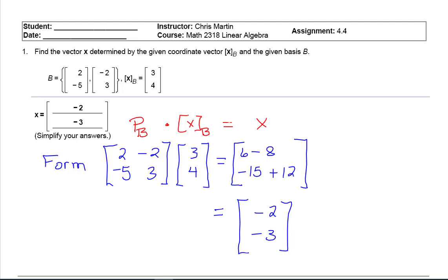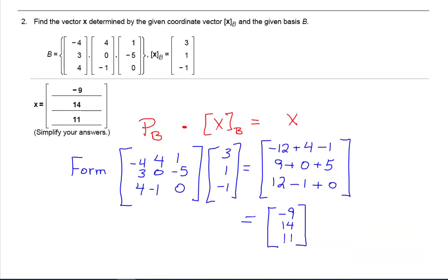All right, we continue that process in question 2. We have something now in R3. We have B1, B2, B3. So we form PB, which simply puts them in the columns. We are acting on vector x relative to that basis, which is 3, 1, minus 1.